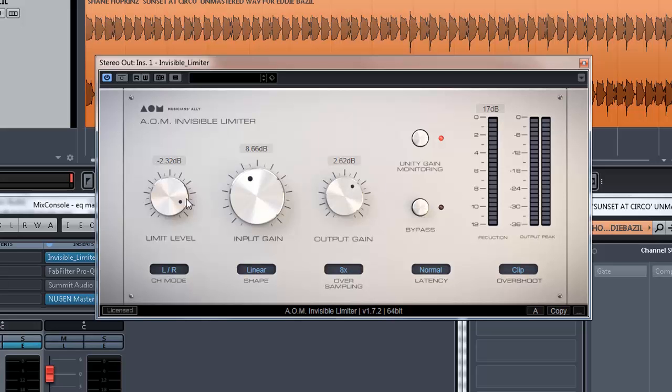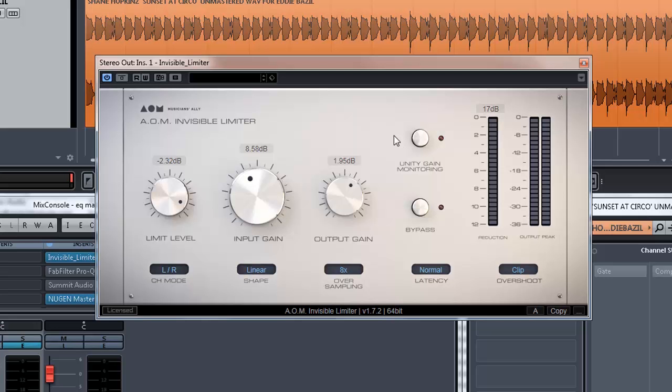limit levels, which is just another word for threshold. Input gain, you control how much gain is coming into this limiter, which is actually quite important because we can push the limiter. But I'm after transparent limiting here, and I really don't want to color this. Output gain, self-explanatory. Unity gain is interesting.